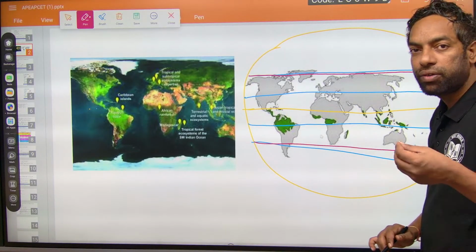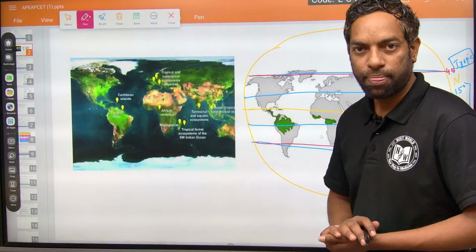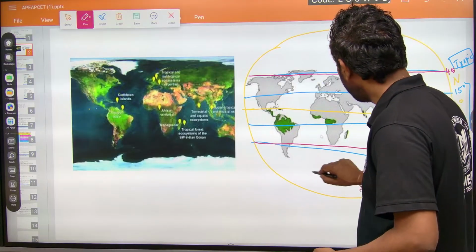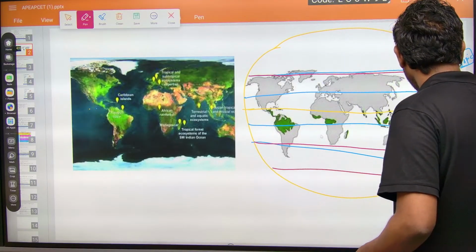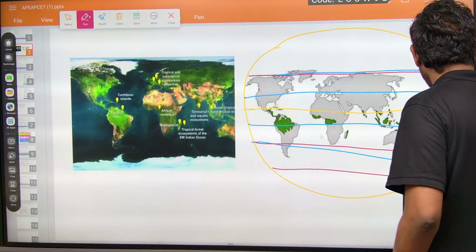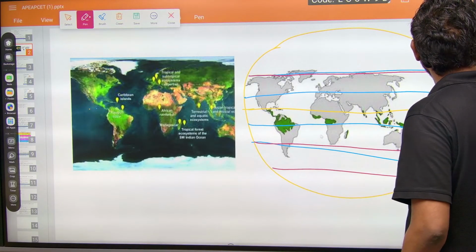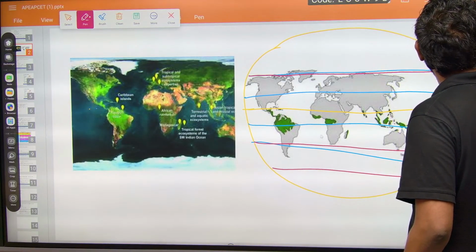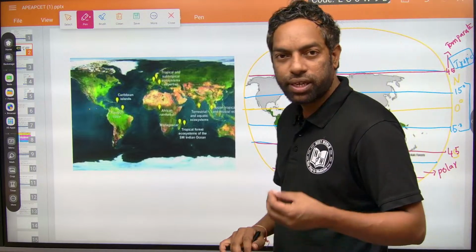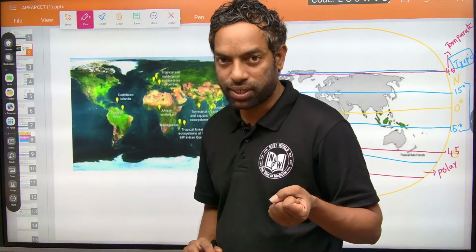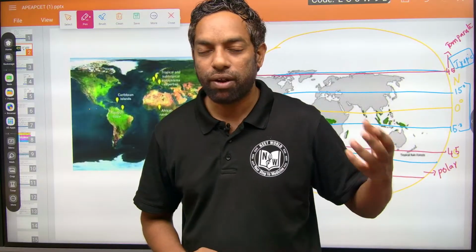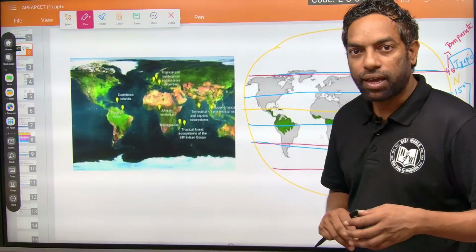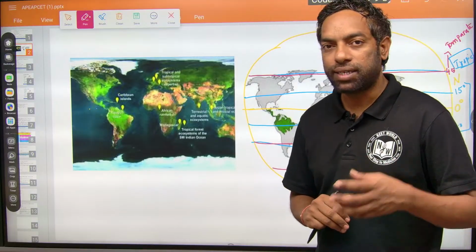Up to 15 to 30 is the tropical region, 30 to 45 is the temperate region, and after that is the polar region. In ecology there is a topic, the temperate lake ecosystem, where the lake is converted into snow. That is the temperate region.